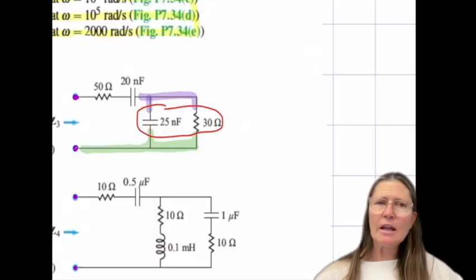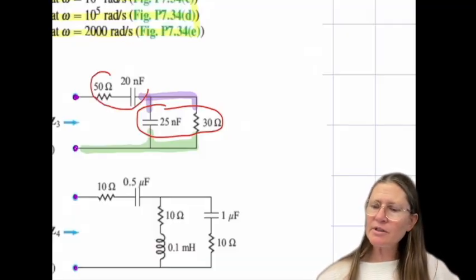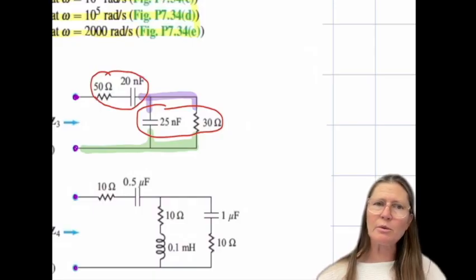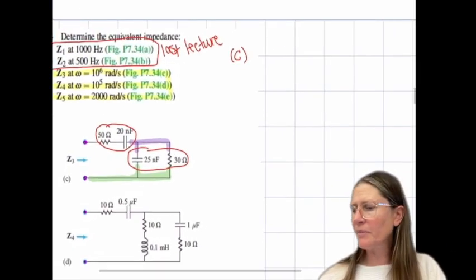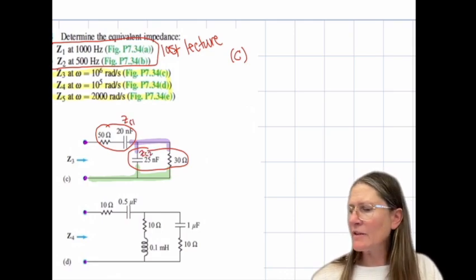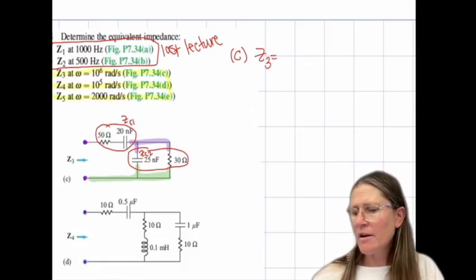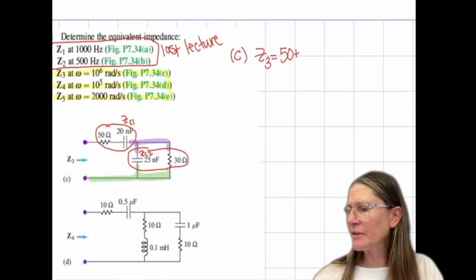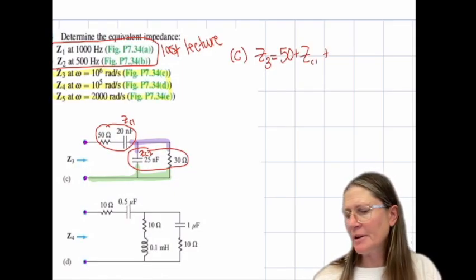And then you would have these two in series, and then those two in parallel would also be in series with this. So I'm going to call this ZC1, ZC2, and this would be 50 plus ZC1 plus ZC2 in parallel with 30.